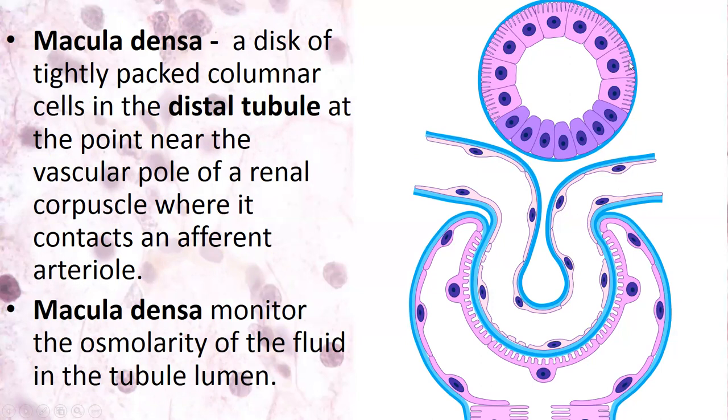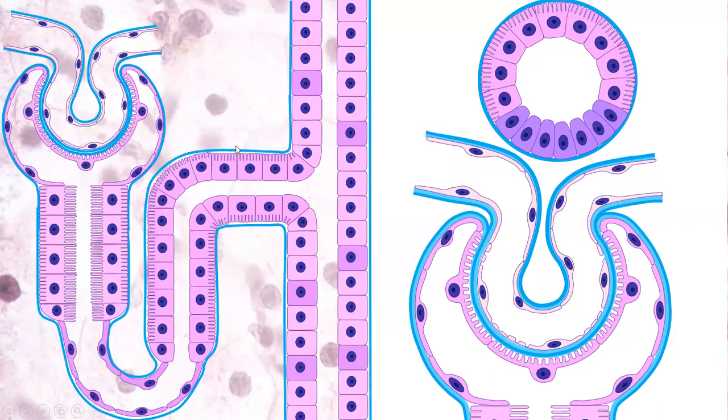So one of the loops of the distal convoluted tubule goes back to the renal corpuscle and is located between two arterioles. Here we can see this distal tubule, and sometimes it goes between the arterioles. And some cells of macula densa are modified.